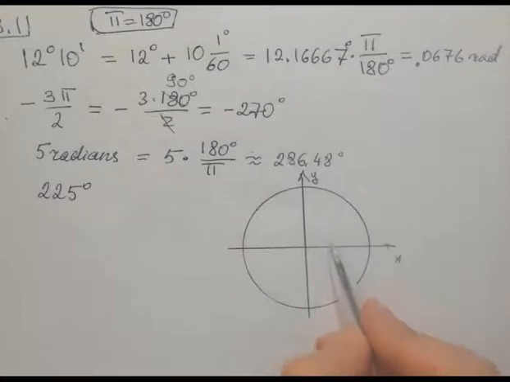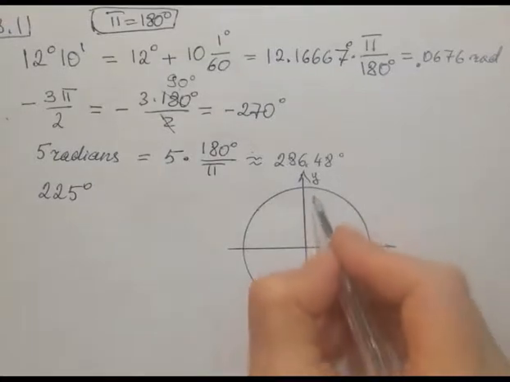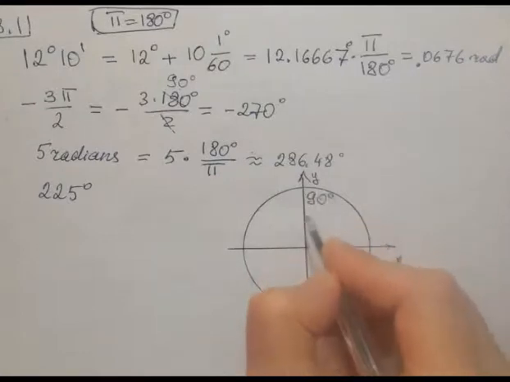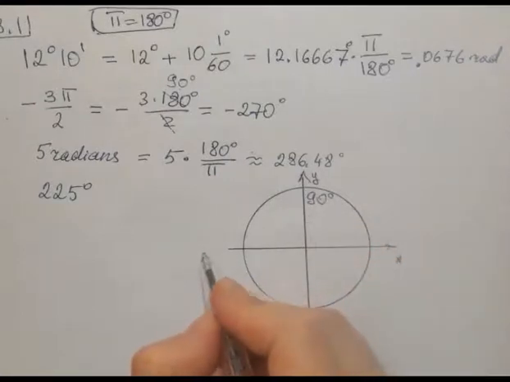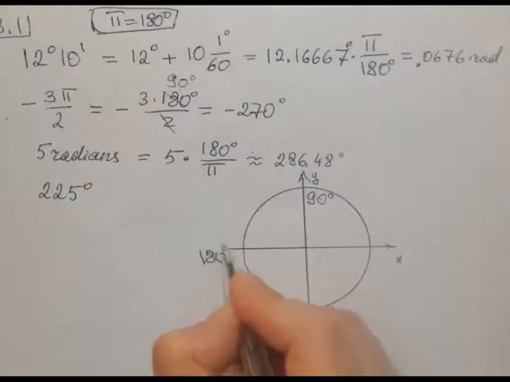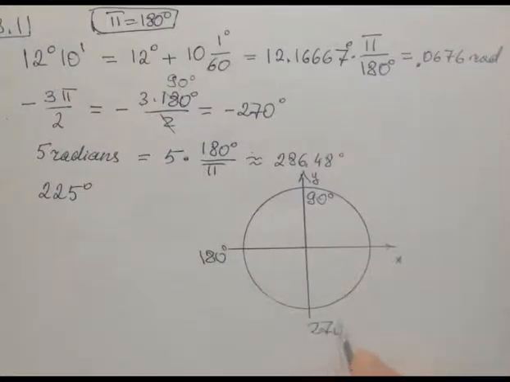Maybe you remember already that the end of the first quadrant is 90 degrees. So this is a 90 degrees angle. The straight angle is 180 degrees. Then we have 270 at the negative y-axis and 360 on the positive x-axis. Also, you know that pi is the same as 180 degrees.